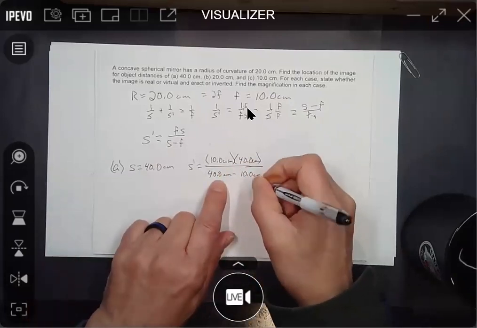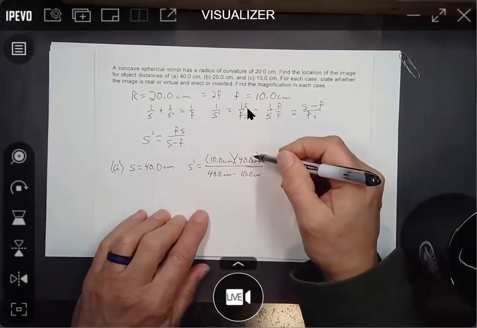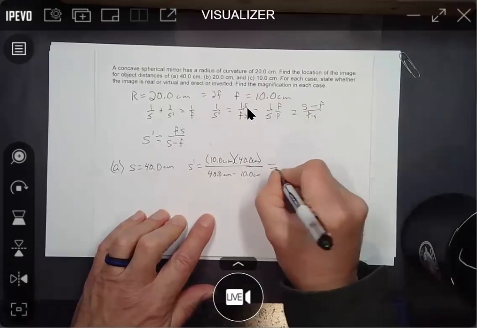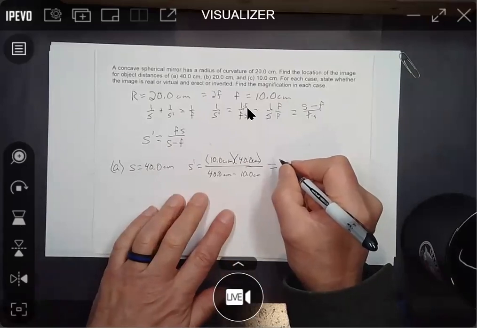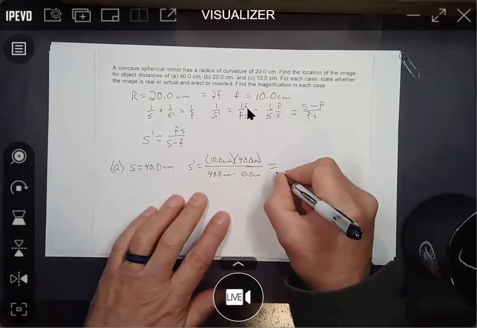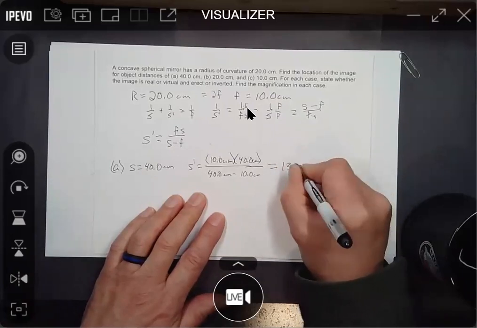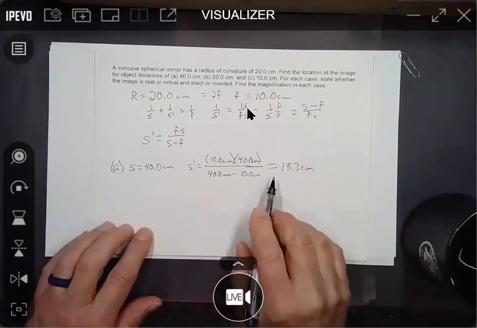That's 30 on the bottom. 10 times 40 is 400. 400 divided by 30, you can just about do it in your head. 30 will go into 390 how many times? 13 times. This ends up being 13.3 centimeters when you solve for it.